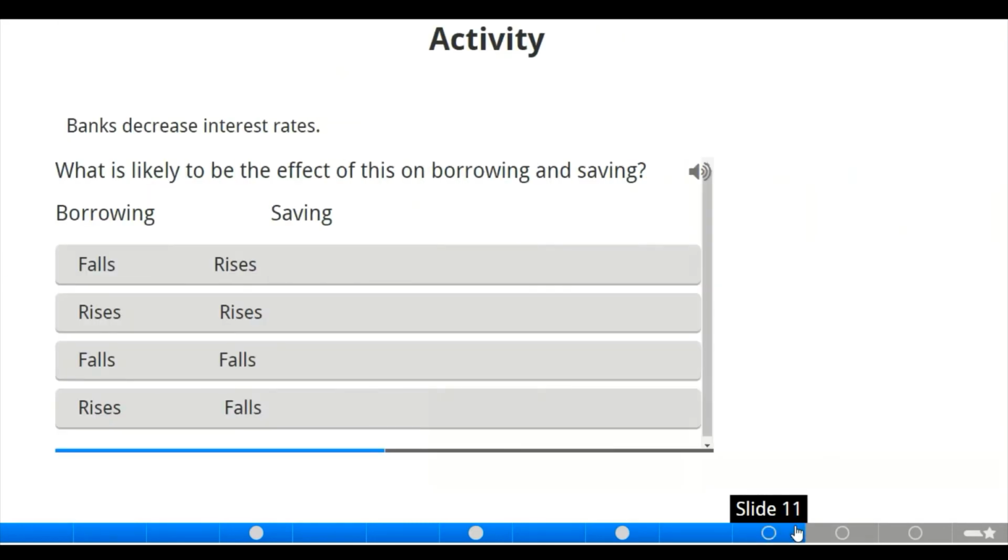Now, another activity. Banks decrease interest rate. What is likely to be the effect of this on borrowing and saving?